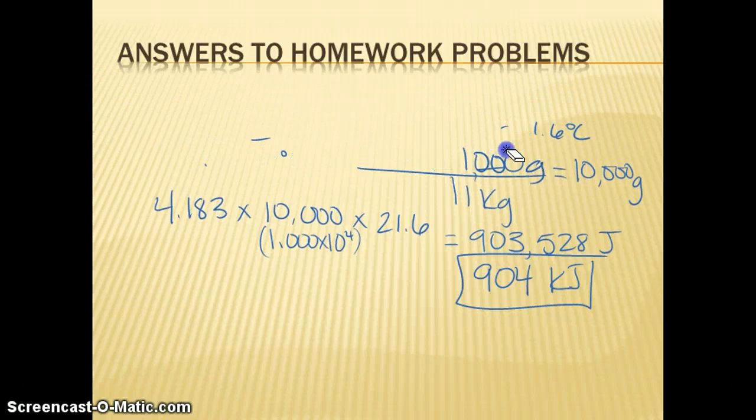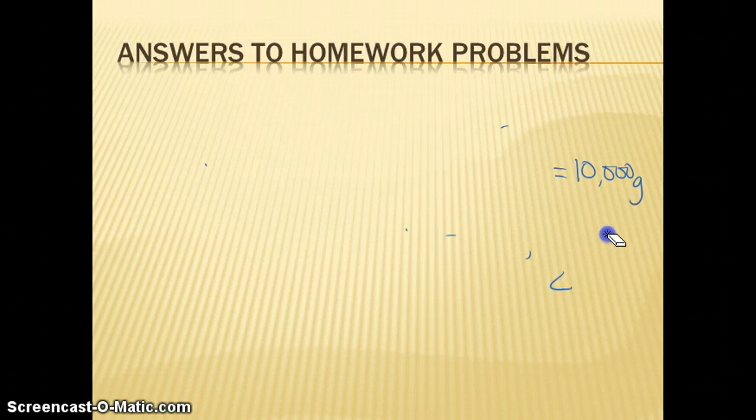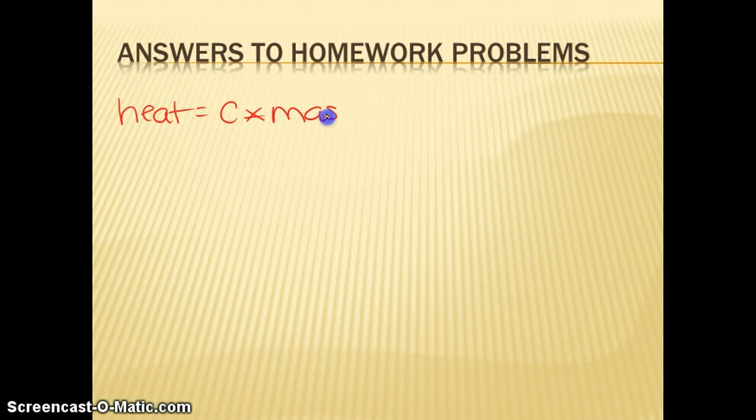Next, you had to do 53A, so let's look at that one. Okay. So for 53A, we're solving for the joules of heat again needed. So this is going to be that same equation where we have heat equals C times mass times delta T. Okay.